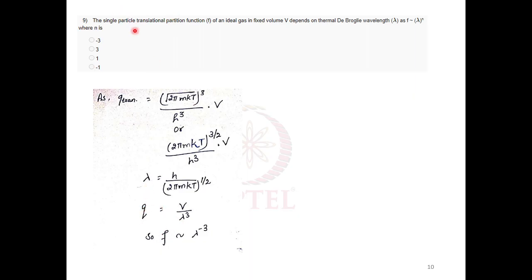The single particle translational partition function of an ideal gas in a fixed volume V depends on the thermal de Broglie wavelength lambda. What is the value of n? Q translation is V by lambda cubed, that's all. So V times lambda to the minus 3 is proportional to lambda to the power of minus 3, so the n value comes out as minus 3.